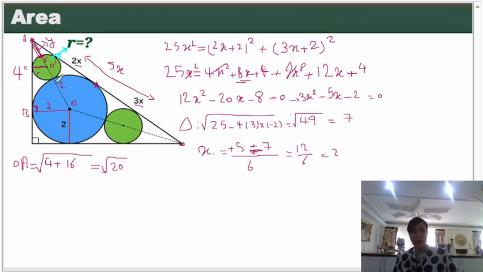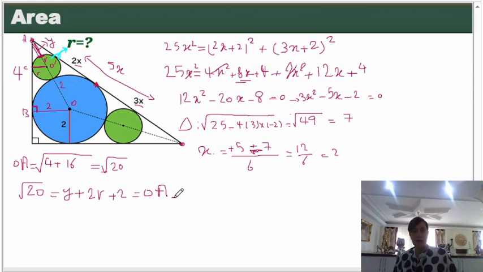So I can say square root of 20 equals Y, okay, plus 2R plus 2R plus 2, which equals OA. Radius of blue circle and diameter of the green circle and Y gives me OA.